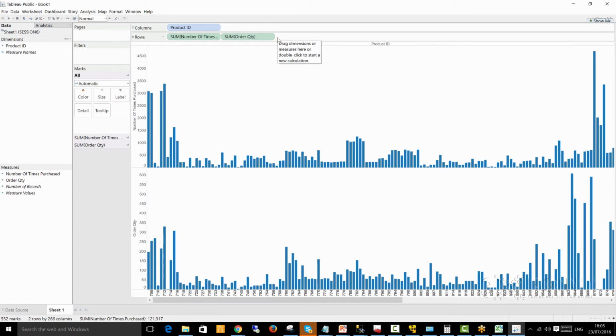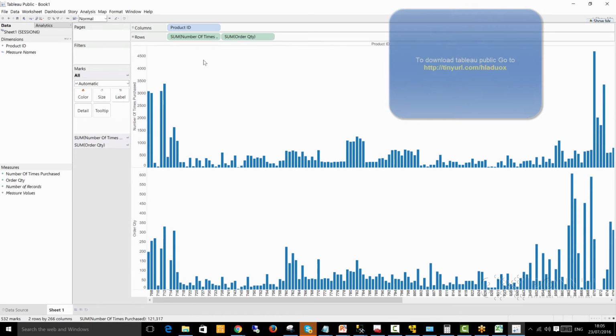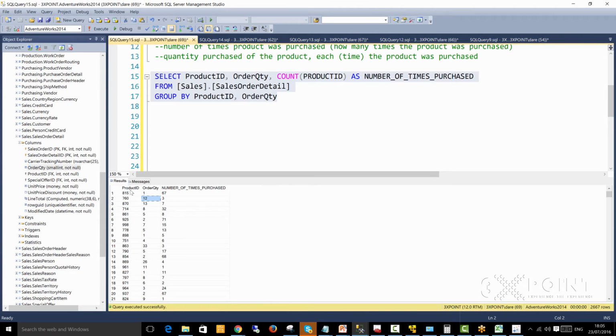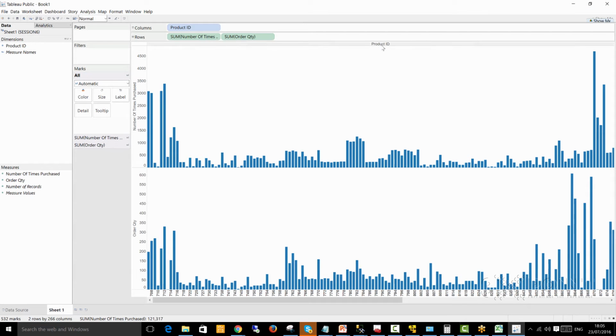to the rows section. Something I need you to understand is this: we have columns here, we have rows. It's simple. It's the same thing we have in SQL Server, where columns are on the top and rows are the ones by the side. If you look at your Tableau, that's the same thing that's happening. Because we put product ID on the column area, we have columns there.